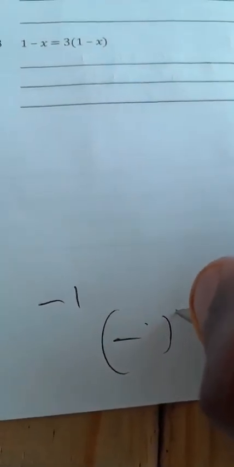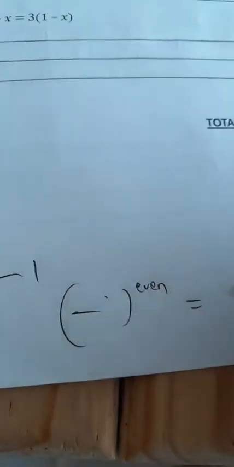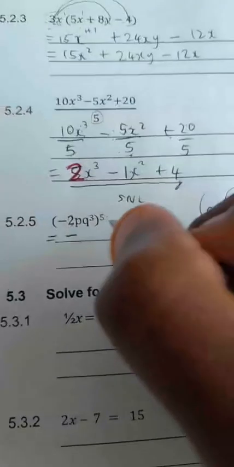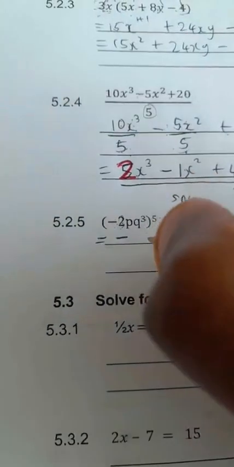So please note: an even exponent applied to a negative sign will lead to a positive answer, but an odd exponent applied to a negative sign will keep the sign negative. And this is very important for you to note.